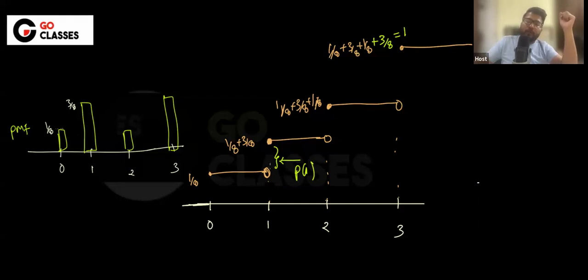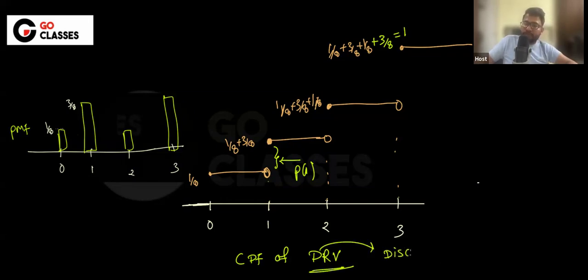Okay, this is how the CDF of any discrete random variable looks like. CDF of a discrete random variable. D means discrete.